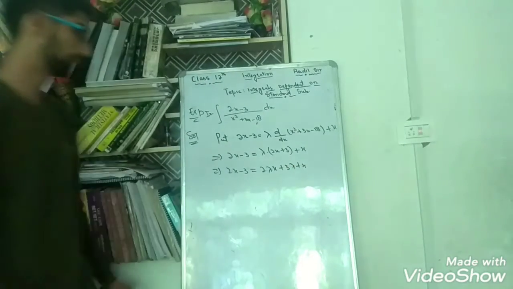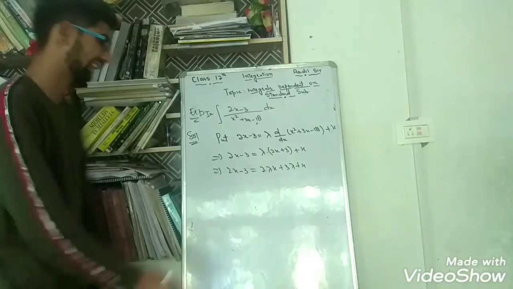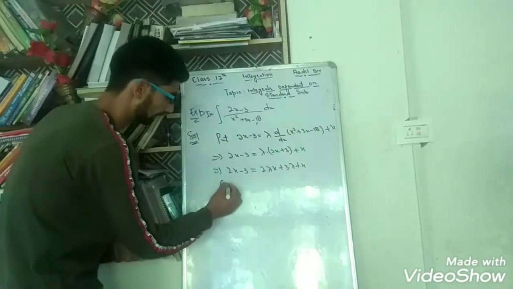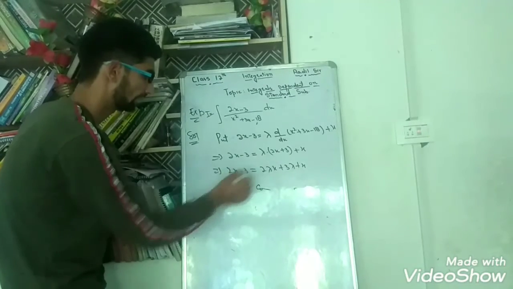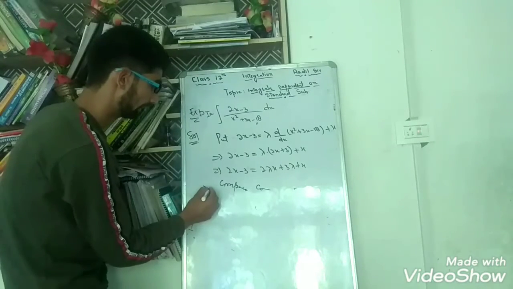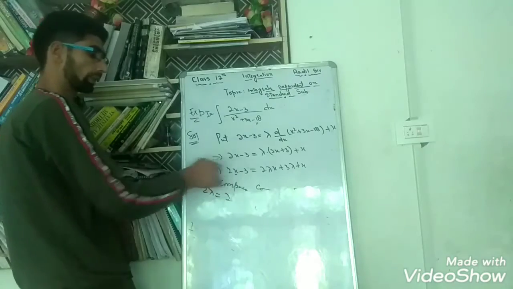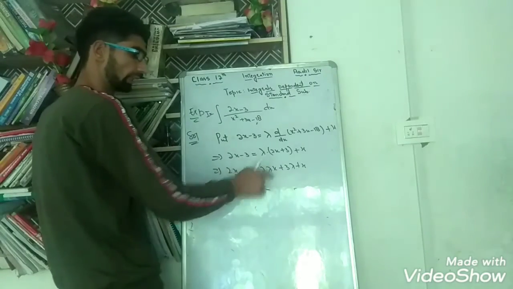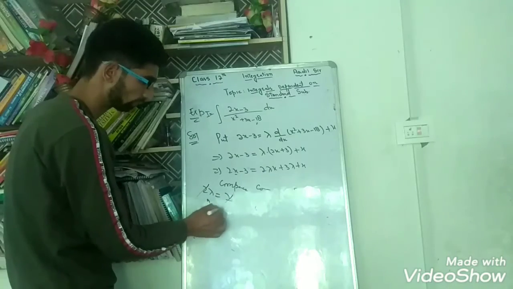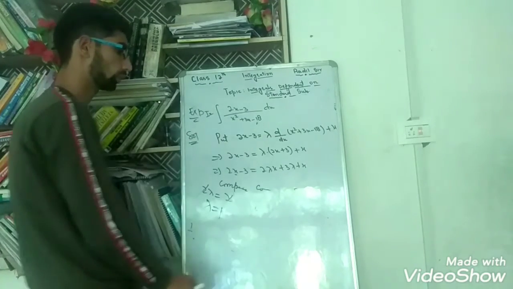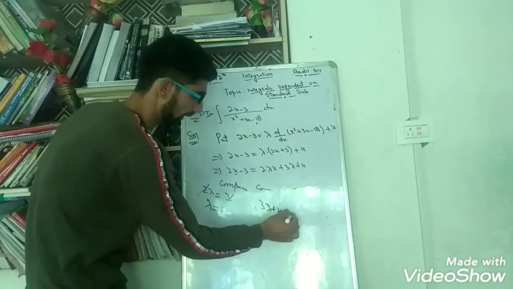Now I will compare the coefficient of x and the constant term. Comparing the coefficients of like terms, 2 lambda is equal to 2, because the coefficient of x is 2 and on the other side it is 2 lambda. So lambda is equal to 1. Comparing the constants, 3 lambda plus mu is equal to minus 3.